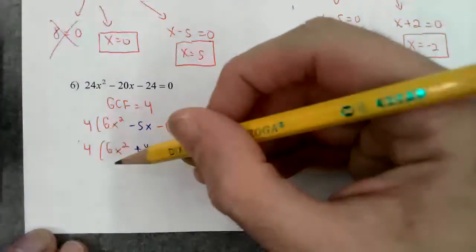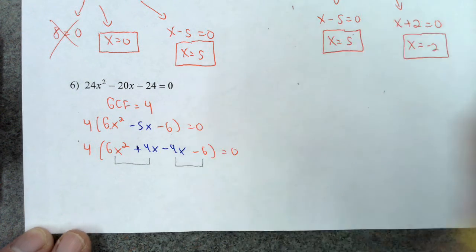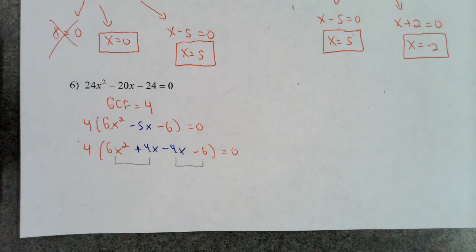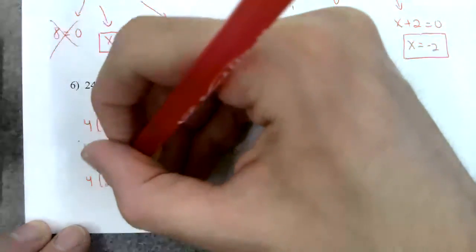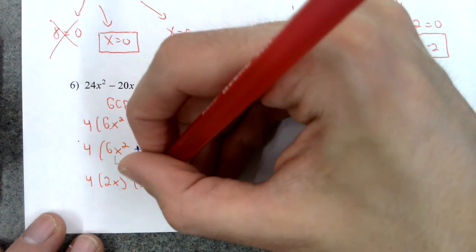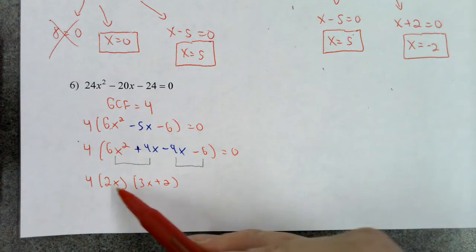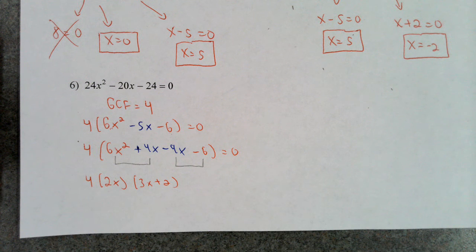So now I do factoring by grouping. I'm going to group these two together, and I'll group these two together. So the first group has a GCF of 2x. Again, this 4 stays up front. First group has a GCF of 2x, which leaves me with 3x plus 2 in parentheses. Because 2x times 3x is 6x squared, and 2x times 2 is 4x.